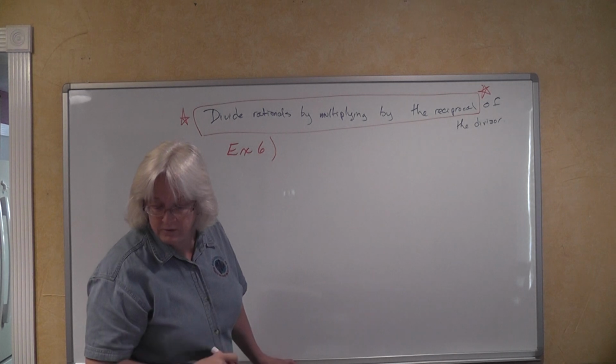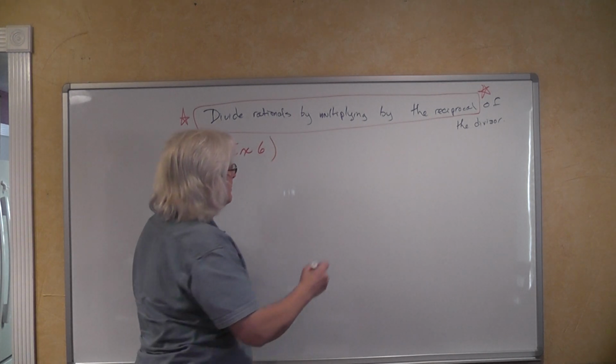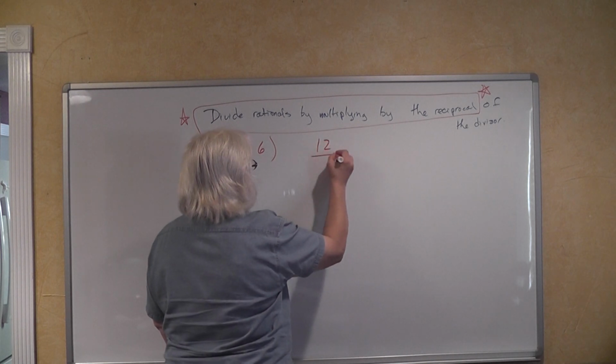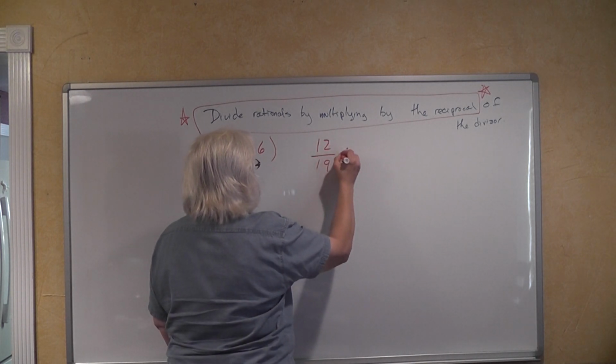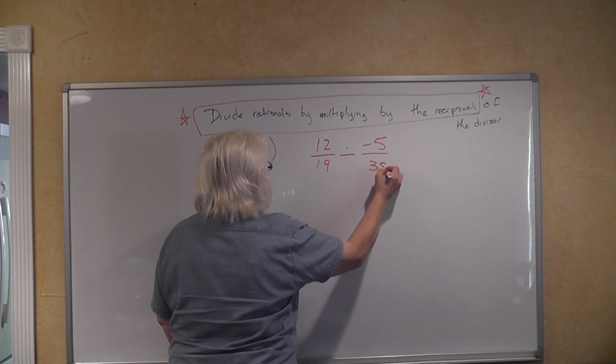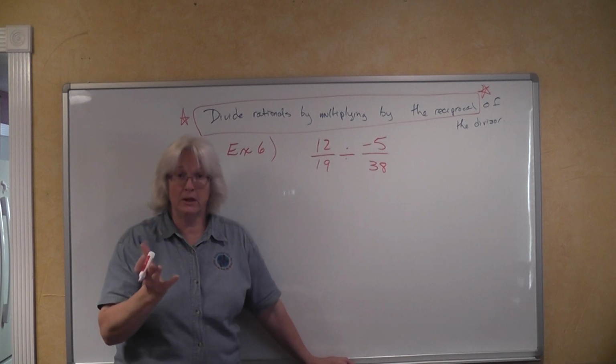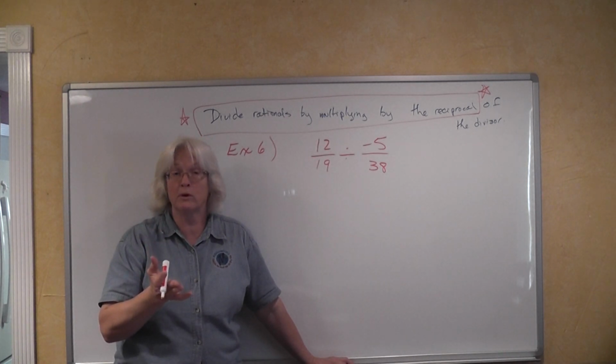Okay, we have 12/19 divided by negative 5/38. 12/19 divided by a negative 5/38. And just a little tidbit here that will help make things neater for you.